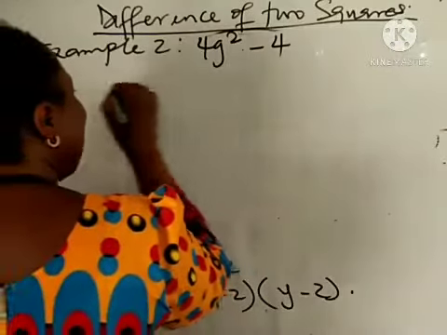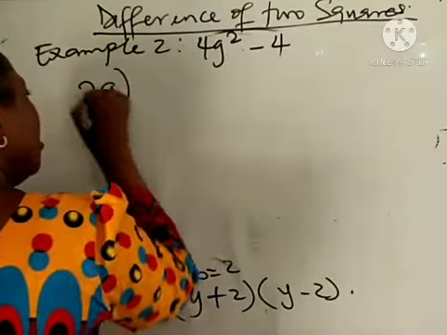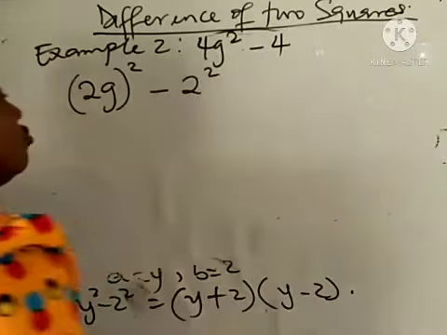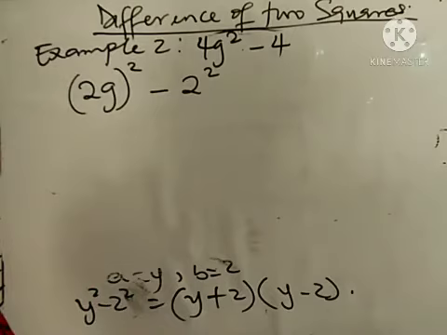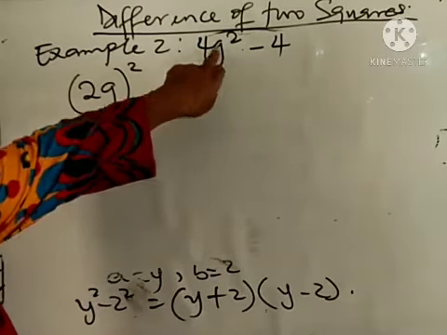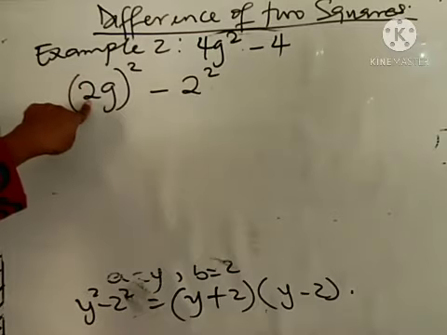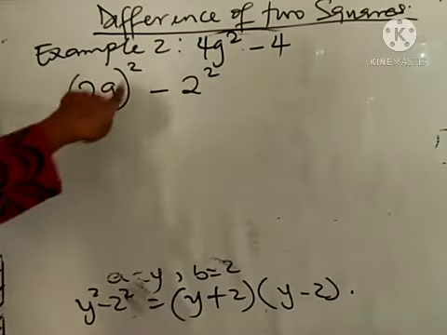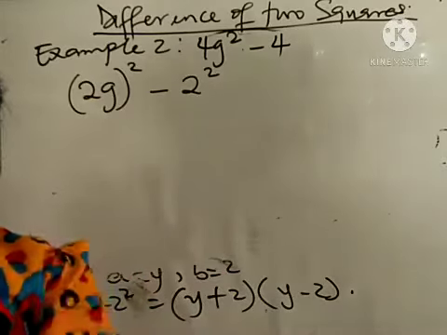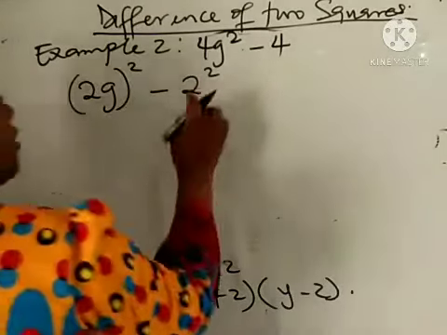So this can be written as 2g all raised to power 2 minus 2 raised to power 2. Do we get it? 4 is a perfect square. G also is a perfect square. So that will be 2G all this part. If you open this bracket, that is 2G times 2G. 2 times 2, 4. G times G, G square. So we now have this.